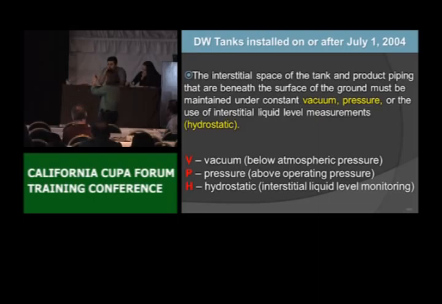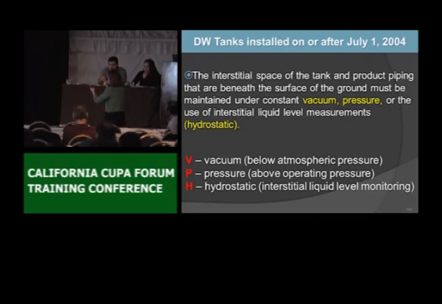Although hydrostatic is included in this post-04 requirement, it has been an option for tanks installed since '84. When we talked about the fiberglass tanks, having a wet annular space was always an option, so that's nothing new. It's more the options of the vacuum or the pressure.